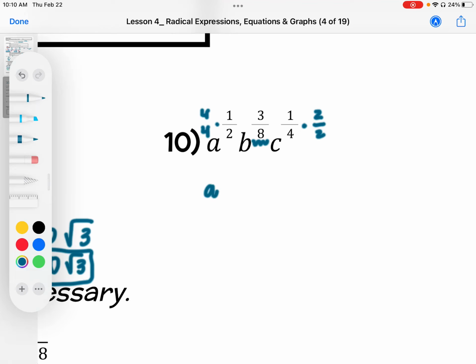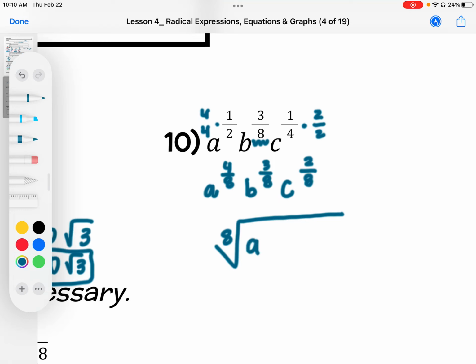So we can rewrite this as a to the 4 over 8, b to the 3 over 8, c to the 2 over 8. So all we did was just get a common denominator, and now we're going to write it under a root. So we're going to have the 8th root, because all of them have a denominator of 8. That's our index. We have a to the 4th, b cubed, and c squared. That's all based on the numerator.